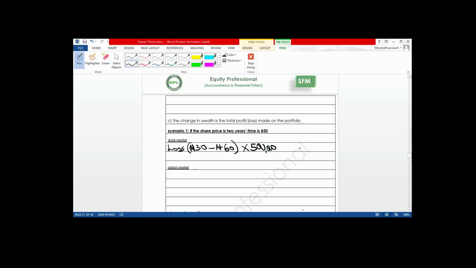The investor will suffer a 15 million naira loss. The investment value will reduce by 15 million. This will happen at the stock market.